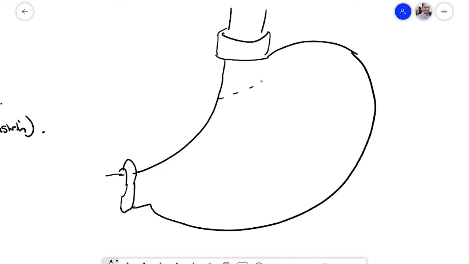So we've got the cardia. We've got fundus. Corpus. We've got the antrum.